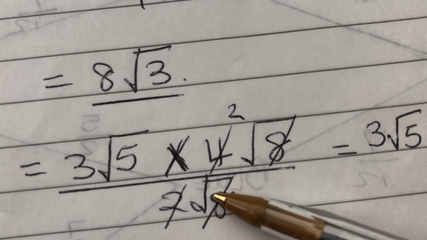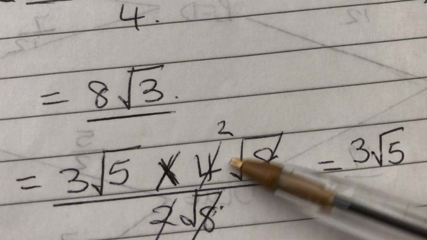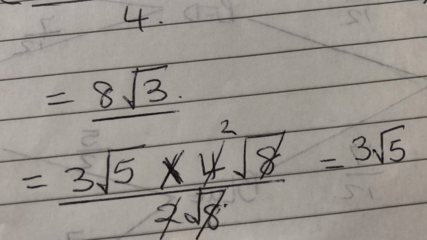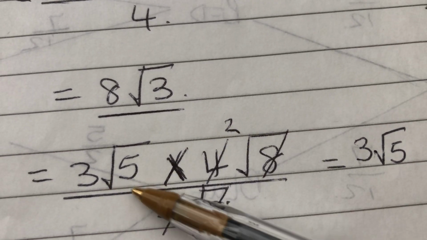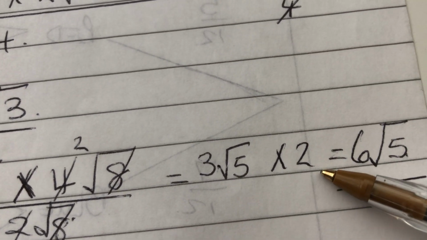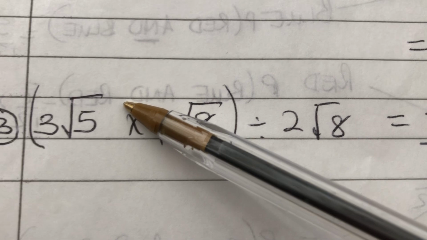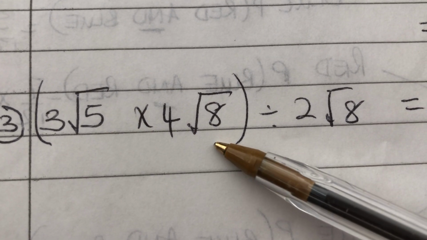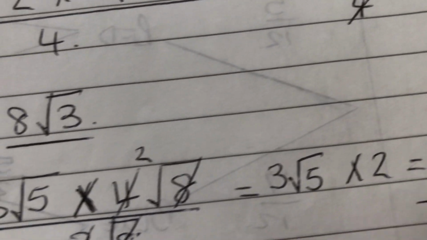If you have the square root in the denominator, then you have to rationalize. So you can straight away cancel it. How many 2's do you have in 2? 1. How many 2's do you have in 4? 2. So you have 3 root 5 times 2, which is 6 root 5. So from this one, you should arrive at 6 root 5. You can copy this one out, pause, and then solve it and get 6 root 5.